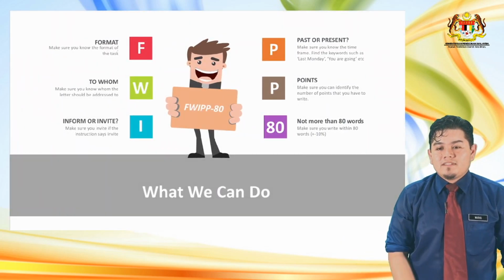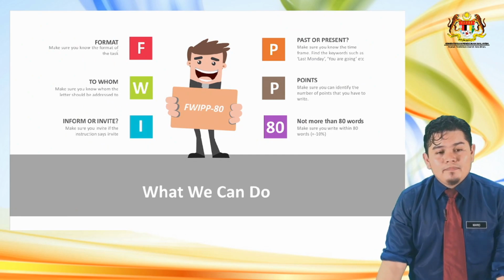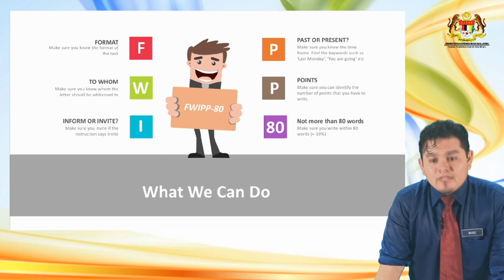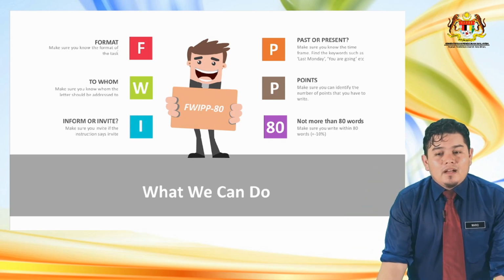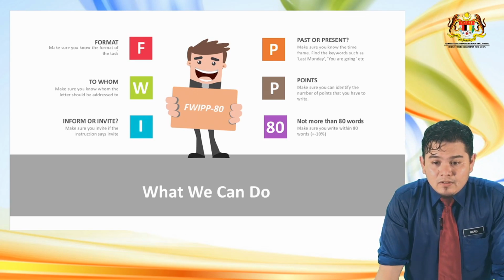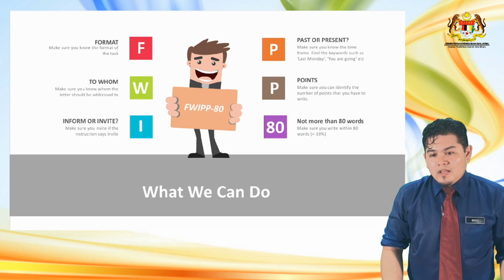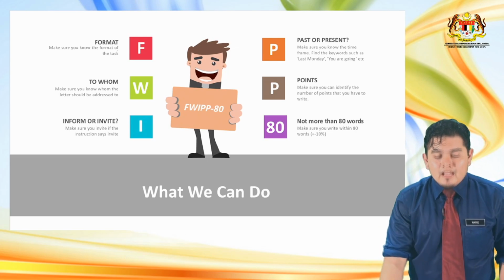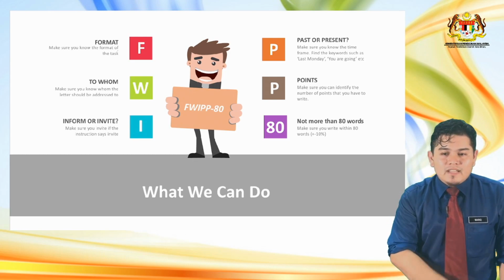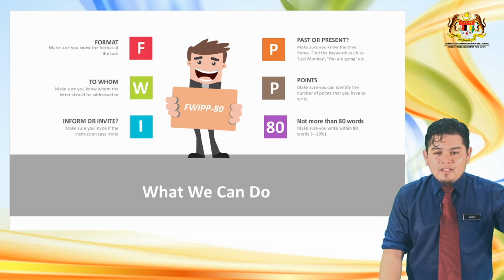So kids, before we conclude our session today, I would like to remind you, Section B Part 2 is not just testing your writing ability, but it also tests your understanding of the instructions and comprehension itself. In order to understand the instructions, it's always good to bear in mind FWIP AT.